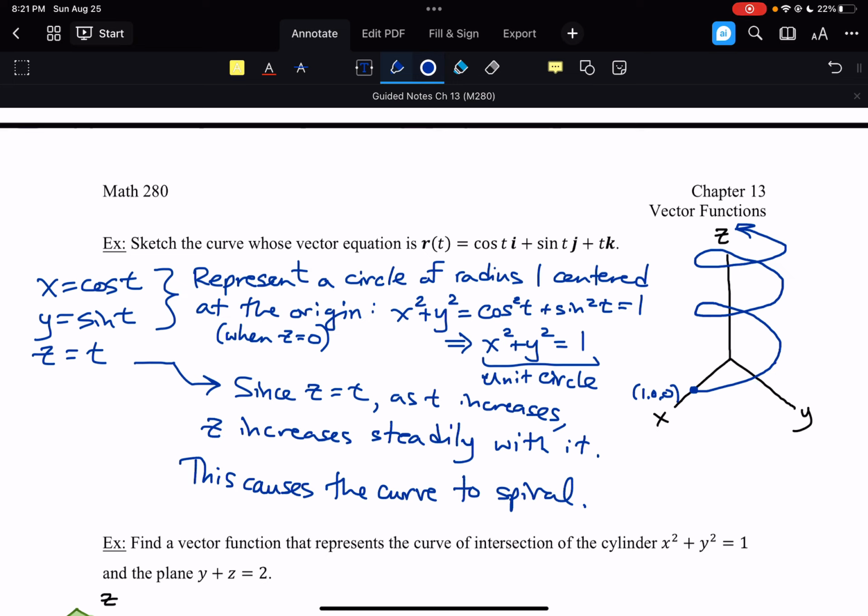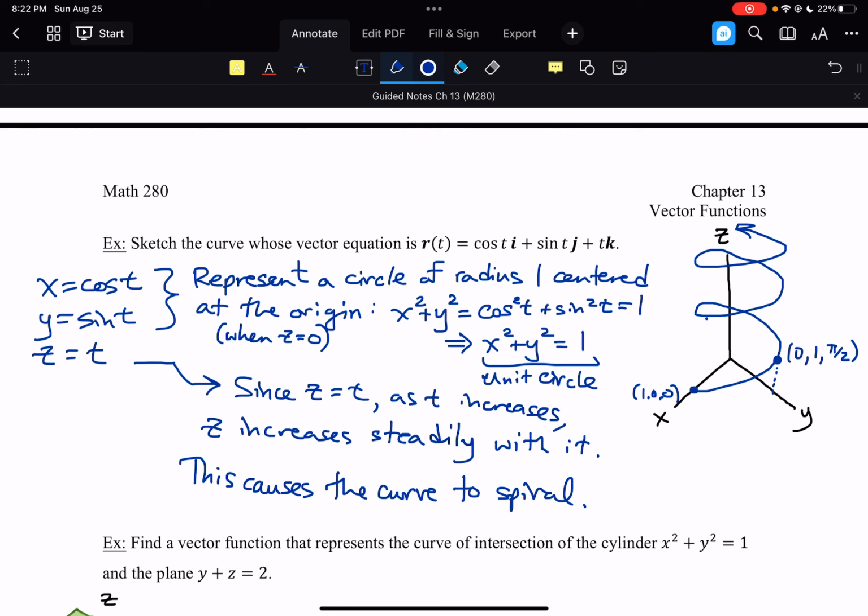And at different points along here, like this point, which is right above the y-axis, this would be the point 0, 1, pi over 2, because if t is pi over 2, we get 0, 1, and pi over 2. So as we're moving around that unit circle, the values are increasing.